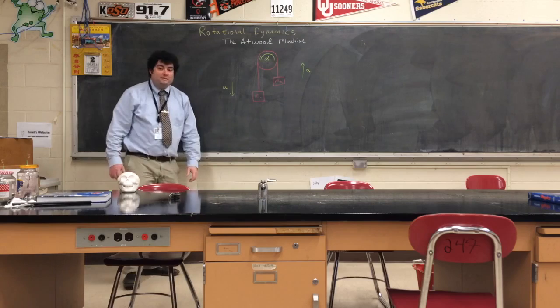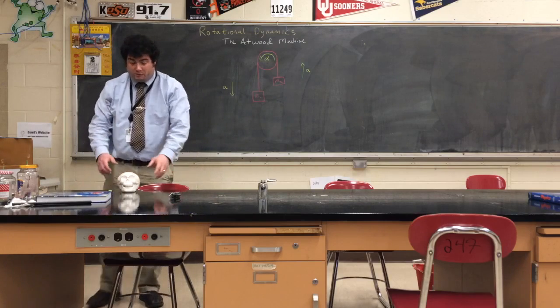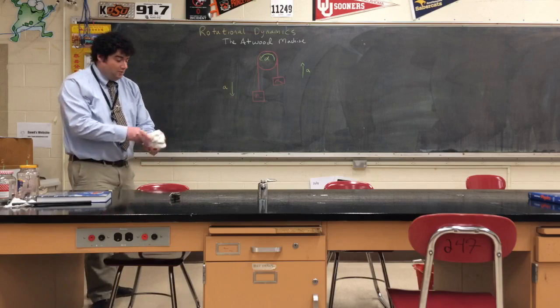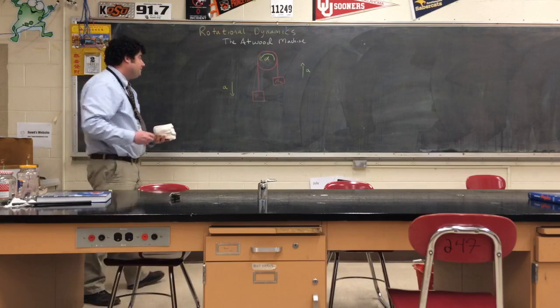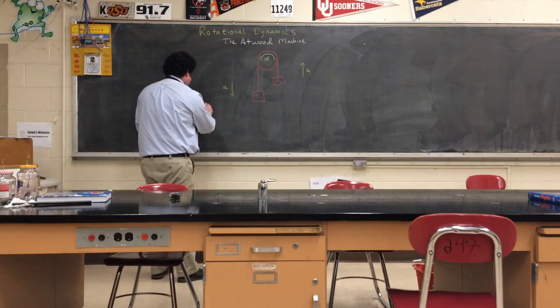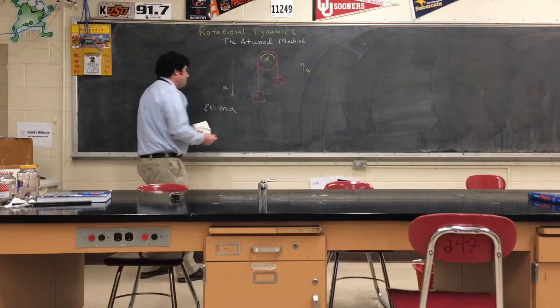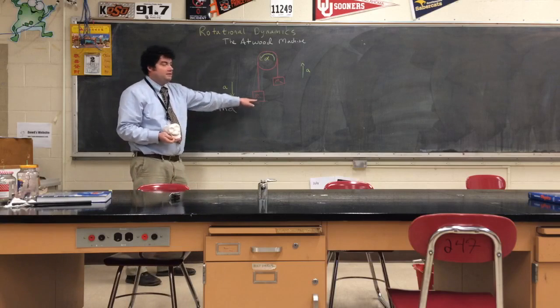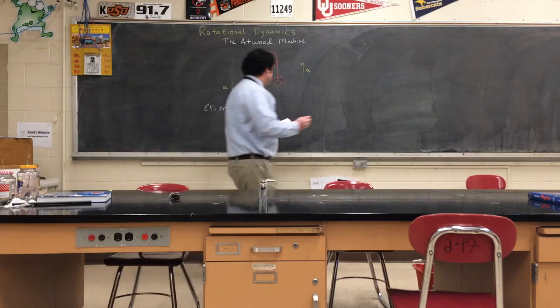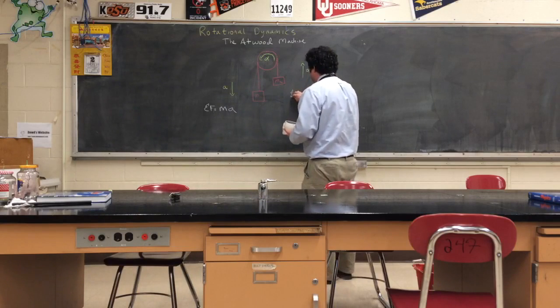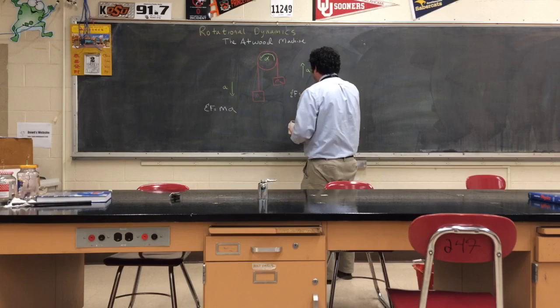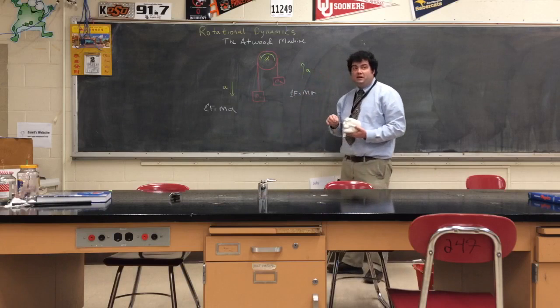How do you solve the problem? It's pretty straightforward, and we're going to do one together. But as before, we could write sigma F equals ma for this block. We could write sigma F equals ma for that block.